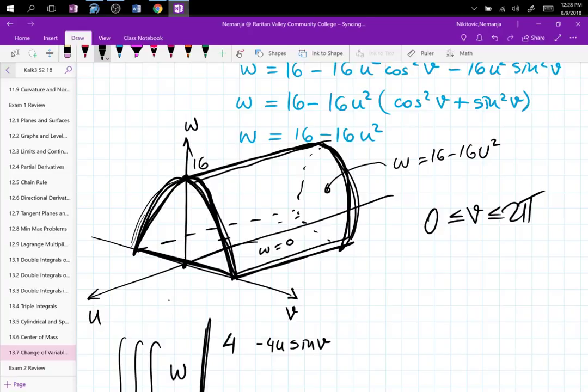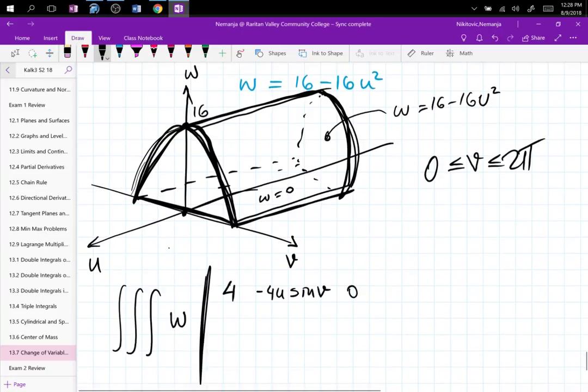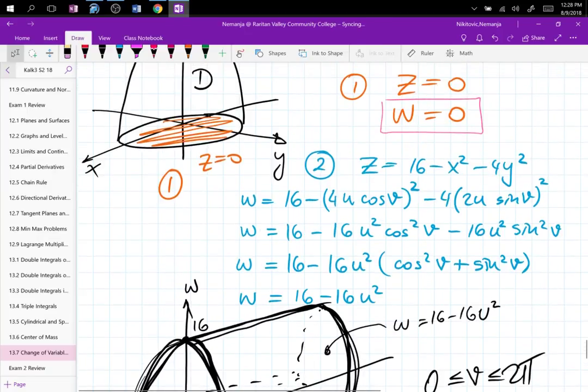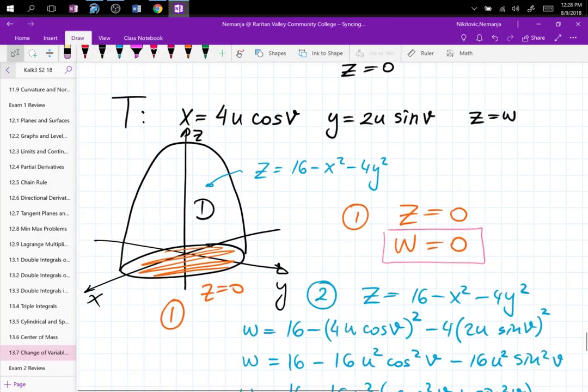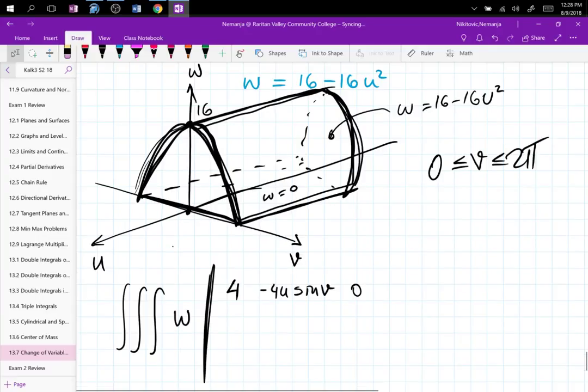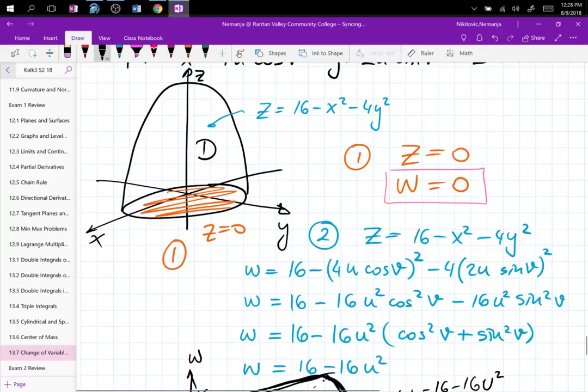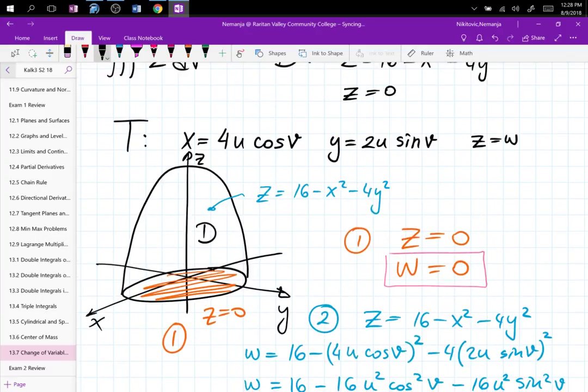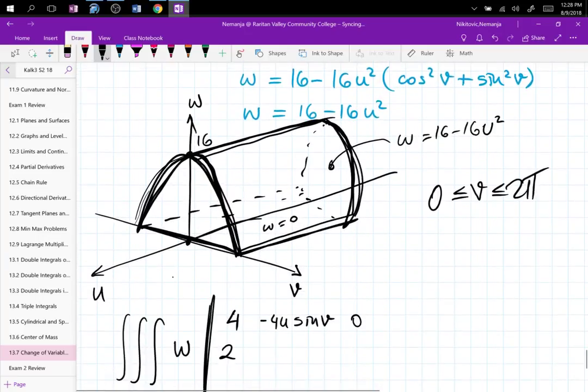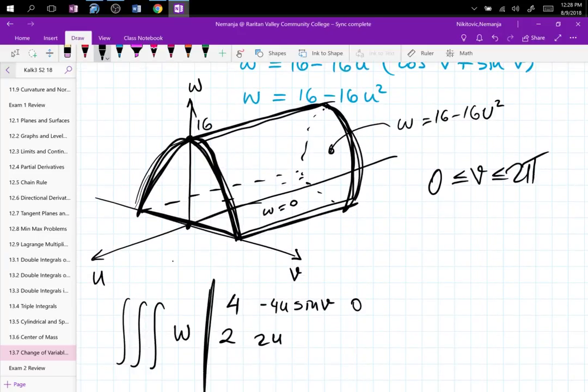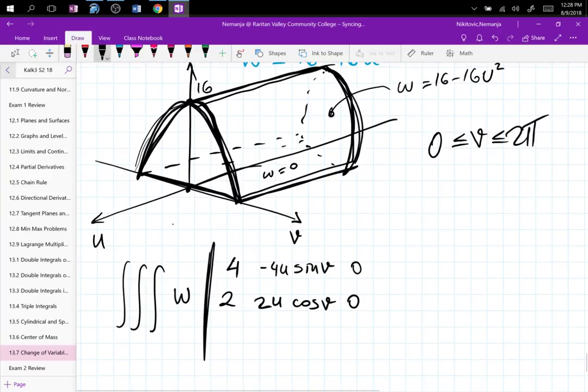Partial x, partial w is 0. So that's the first row. Then partial y, partial u, that's a 2. Partial y, partial v is 2u cosine v. And 0. And the last row is 0, 0, 1.